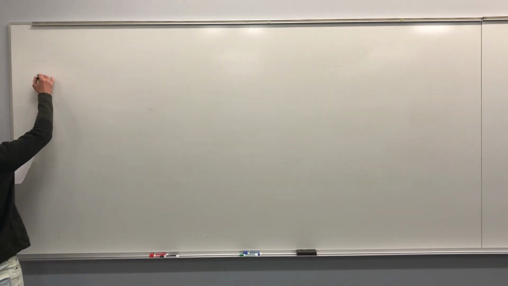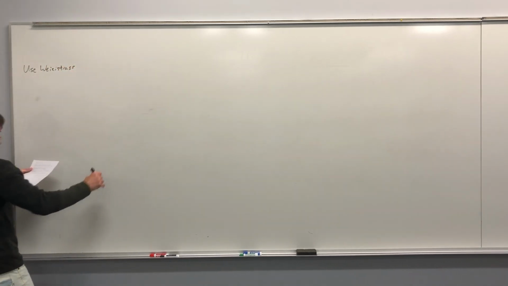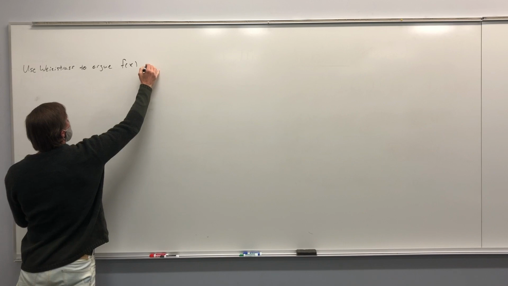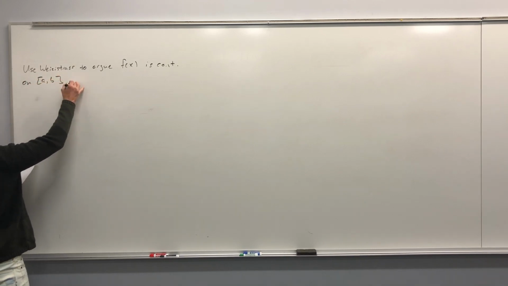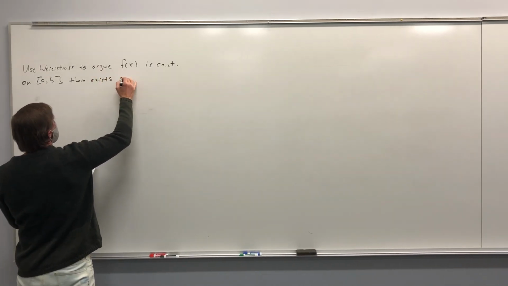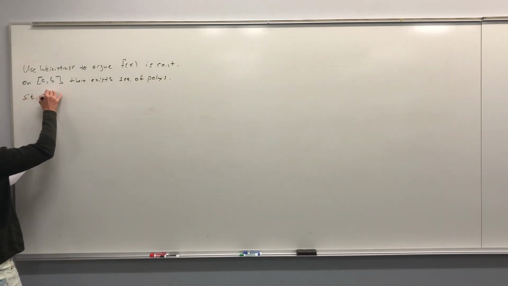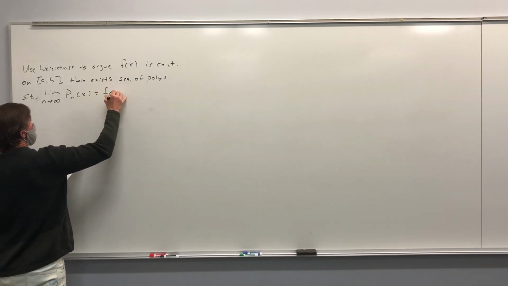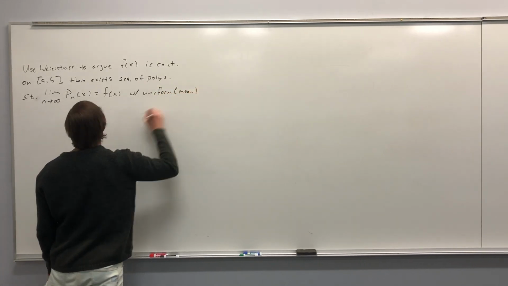So, first, we use Weierstrass to argue that if f of x is continuous on a closed interval, a to b, there exists a sequence of polynomials such that the limit as n goes to infinity of this sequence gives you f of x with uniform, hence also mean, convergence.